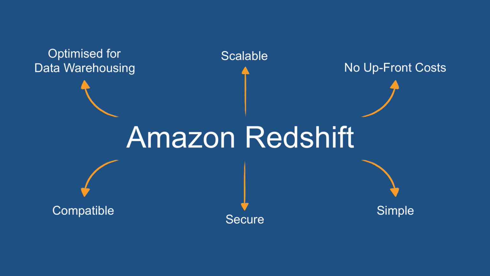That extends to, as I've said, backups and restores. Security is built into the product, so it's very easy to set up Redshift to use SSL to secure data in transit, and using hardware accelerated AES 256 encryption for your data at rest.